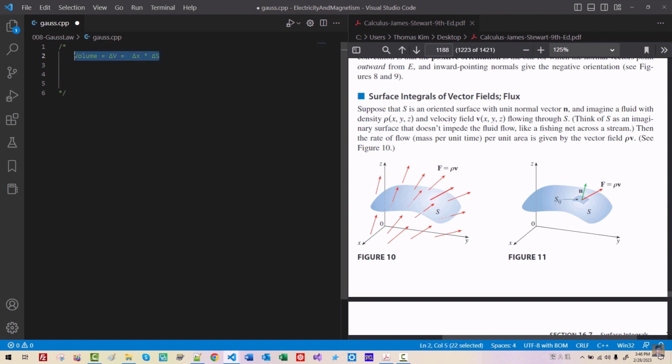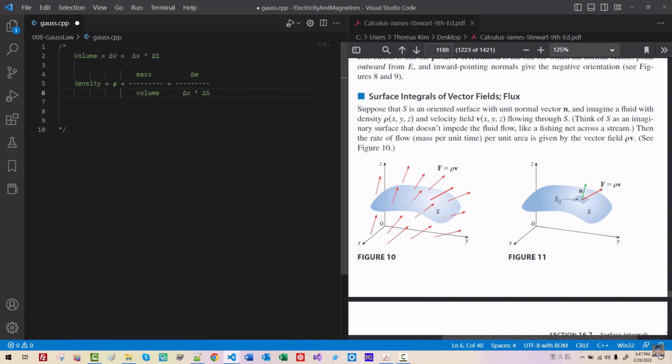We now defined volume. Then density is denoted by the symbol rho. Density equals mass over volume, or we can say delta M over volume. Our volume is defined here. I will copy and paste here.